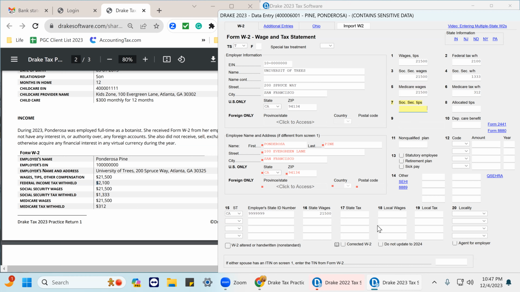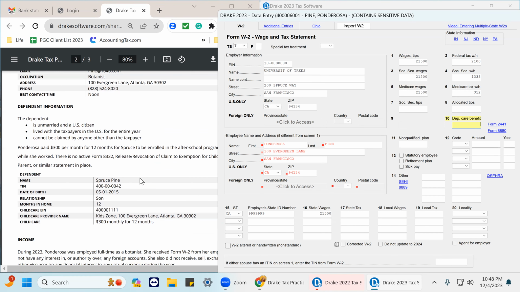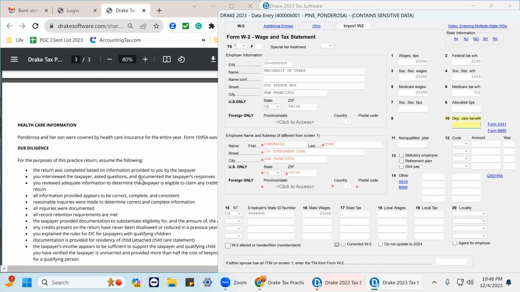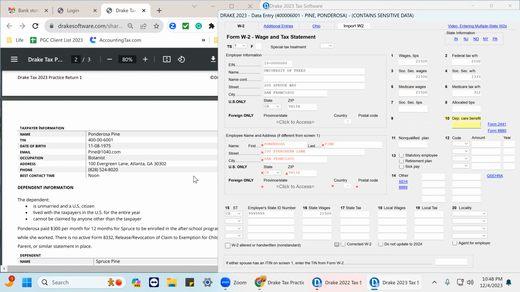In this scenario, it does not. And sometimes box 10 has an amount, depending on the employer. I don't recall there is one here, do they? No, they don't. There's no box 10.